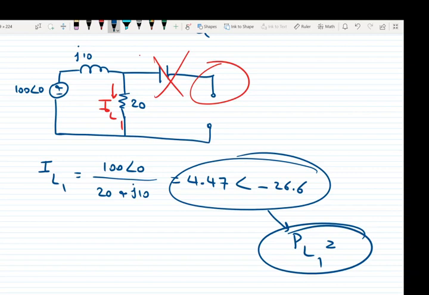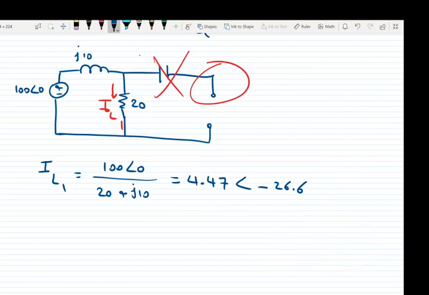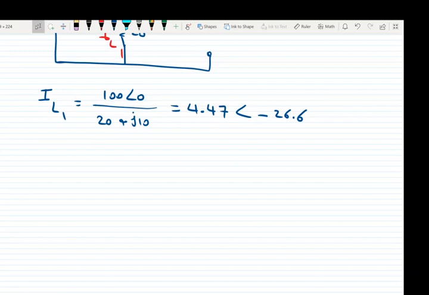No, it's wrong. What we need to do is find IL1 as we did, then find IL2, then add those two currents to get IL, and then find the power. So now turn off the voltage source.